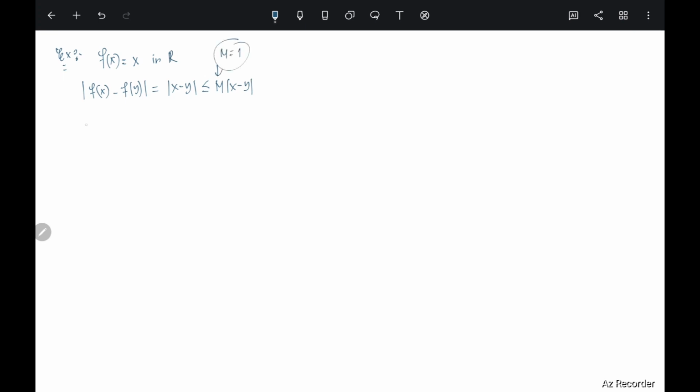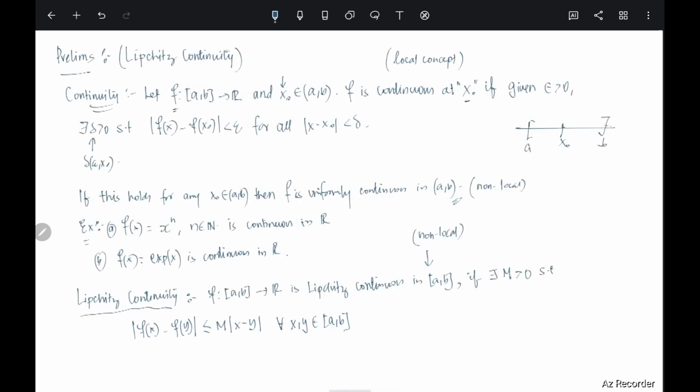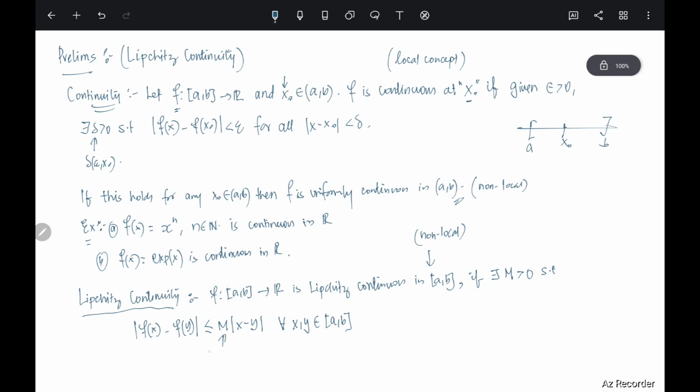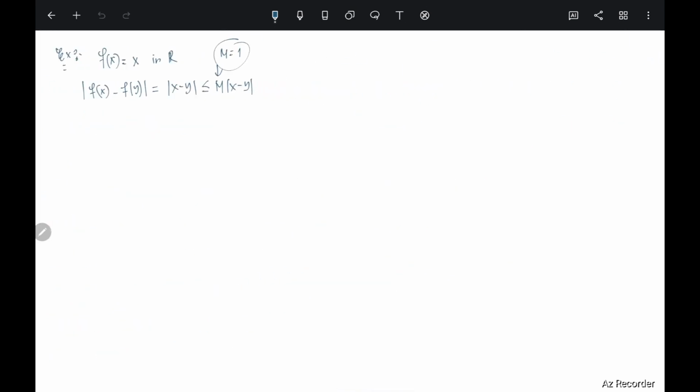This m is called the Lipschitz constant. Essentially, for f(x) equals x over the whole of R, m equals 1 is a Lipschitz constant. So this is a Lipschitz continuous function.